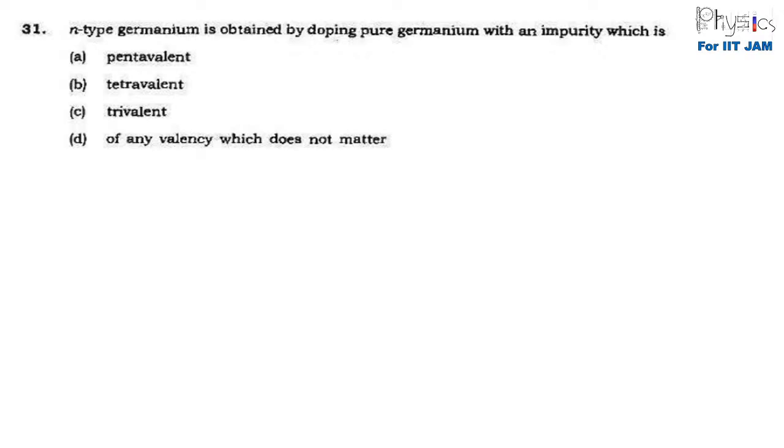It is option A, pentavalent, because we know the pure germanium has valency 4, and any pentavalent impurity will simply donate an electron and make this pure germanium an n-type germanium, or impurity of n-type.